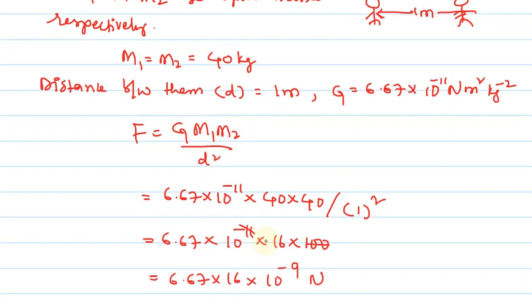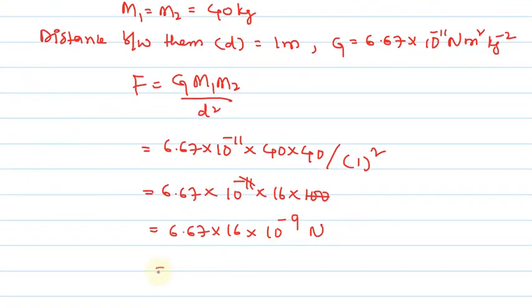If you multiply these two terms, we will get the answer as 1.06 into 10 to the power minus 7 newtons. This is the force of attraction between two friends of mass 40 kilograms each, when they are separated by a distance of 1 meter.